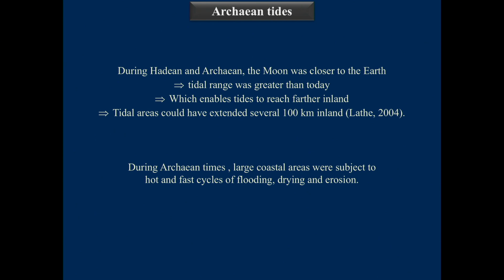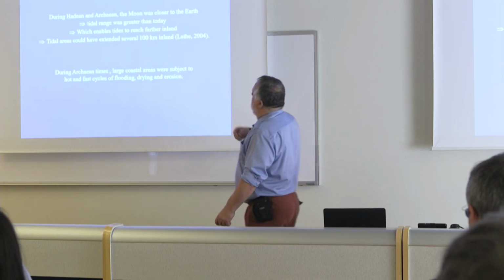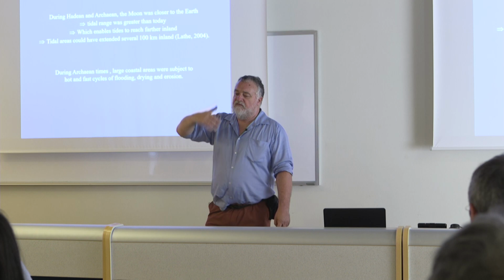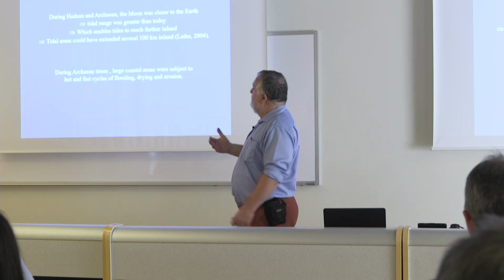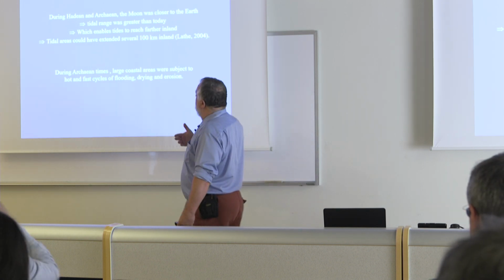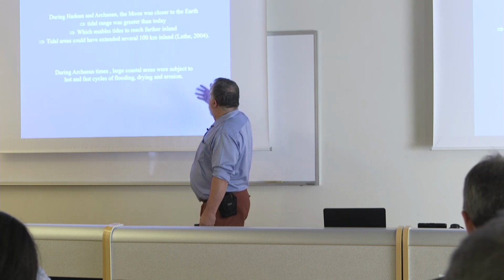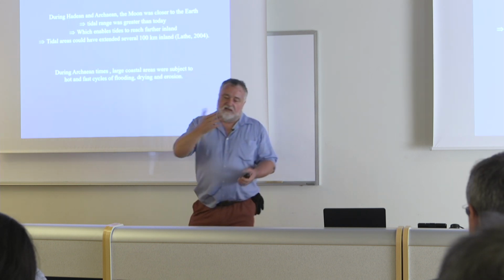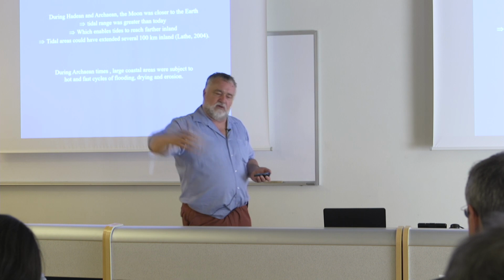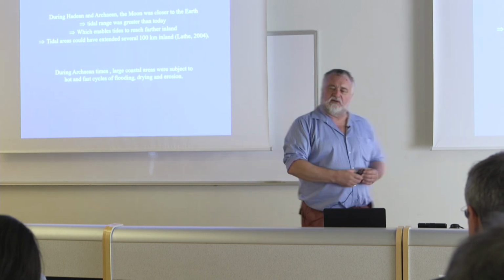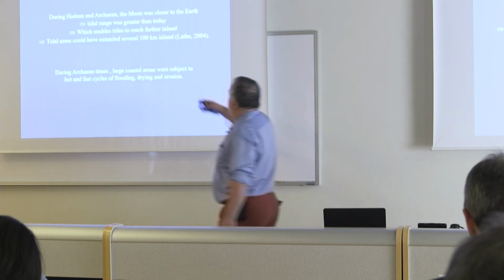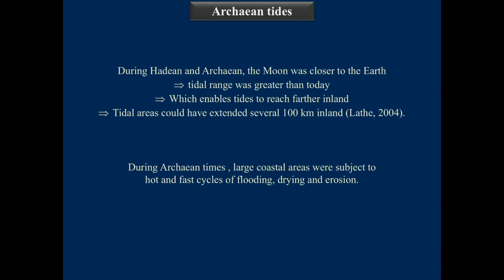So this could be important, because even if this is not 100 kilometers, this water will erode the continent and take a lot of nutrients to carry to the ocean. So the effect of these tides would have been very important.